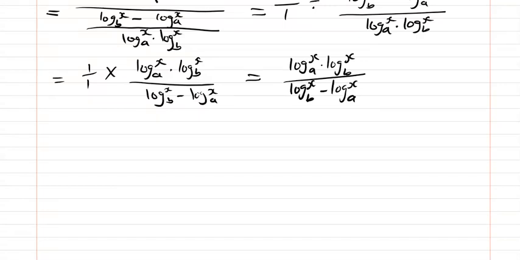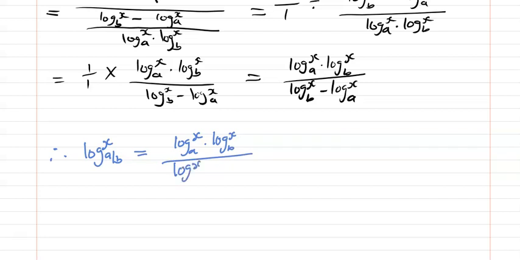Therefore, log x to base a over b is equal to log x to base a multiplied by log x to base b over log x to base b minus log x to base a.